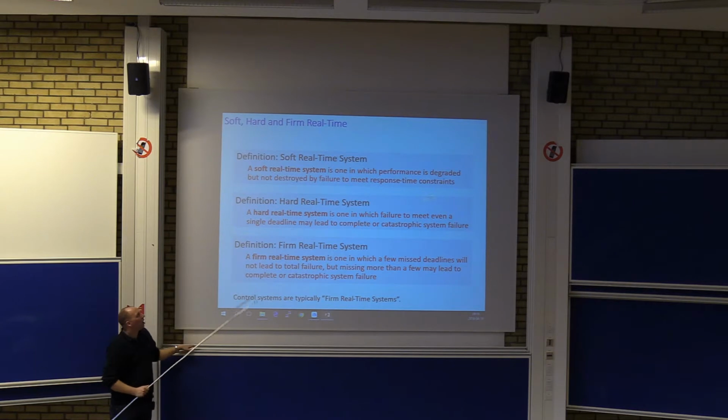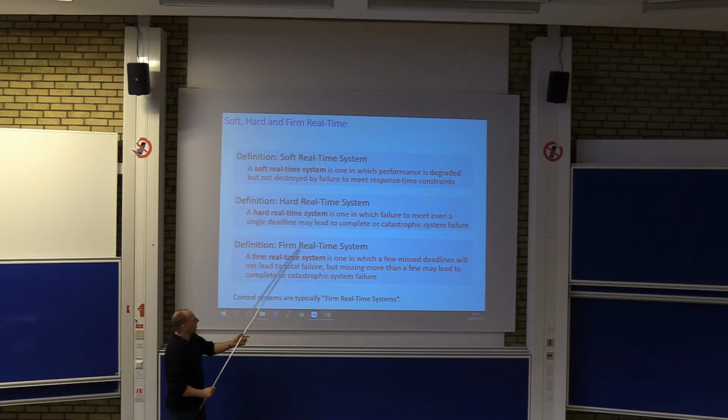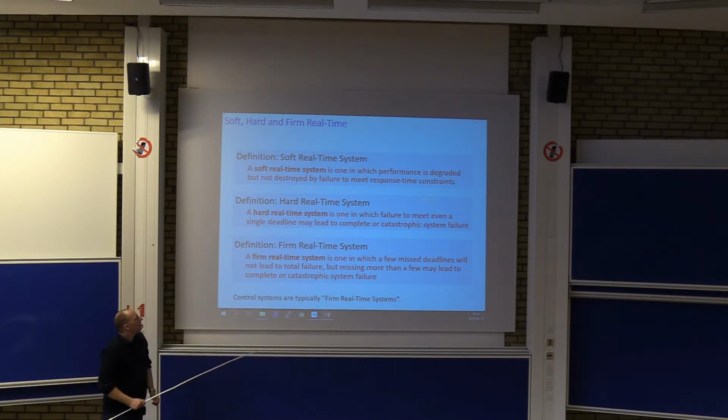And the opposite is hard real-time systems. With a hard real-time system, you mean a system where if you don't meet the deadline, really bad things will happen, for example catastrophic system failure.